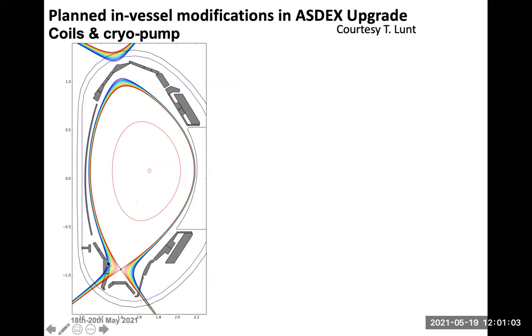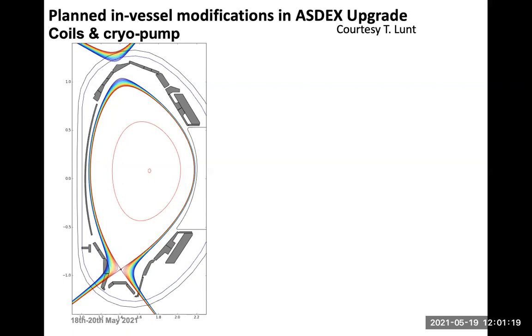It doesn't allow alternative divertor configurations in the lower divertor. Other machines like TCV or DIII-D or NSTX could already investigate alternative divertor configurations with their coil systems.